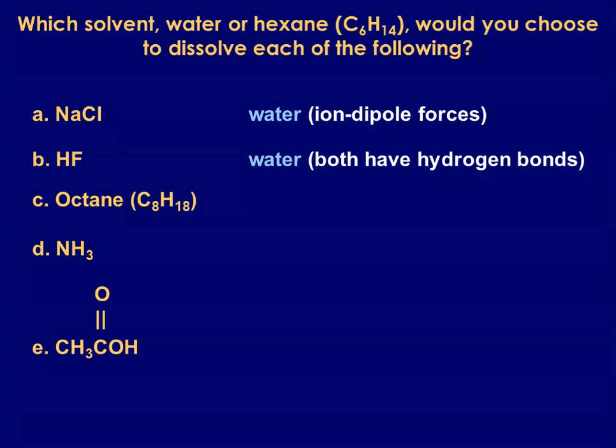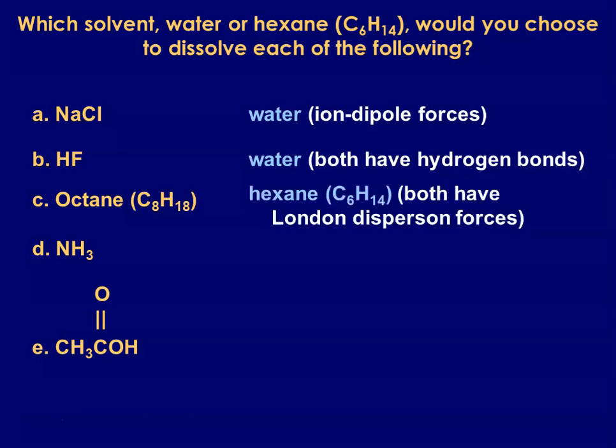They are nonpolar molecules, and because of that, they just have those London dispersion forces present. So it would be hexane because of the type of intermolecular force being the same in those two substances. NH3 is able to hydrogen bond as well. It's a polar molecular compound. So NH3 would also dissolve in water since both of them have hydrogen bonds.